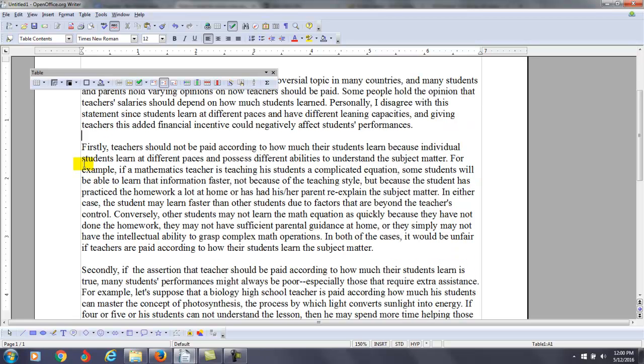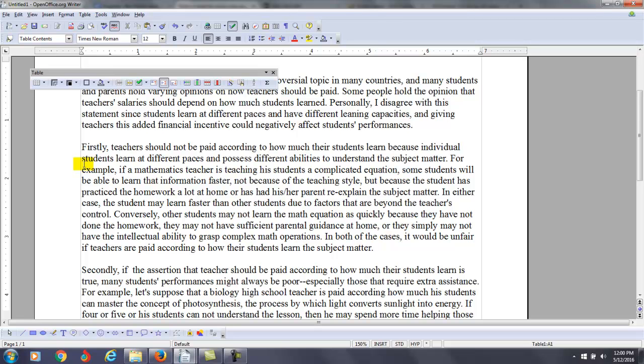All right, so paragraph 2. Firstly, teachers should not be paid according to how much their students learn because individual students learn at different paces and possess different abilities to understand the subject matter. For example, if a mathematics teacher is teaching his students a complicated equation, some students will be able to learn that information faster. Not because of the teaching style, but because the student has practiced the homework a lot at home or has had his or her parent re-explain the subject matter.